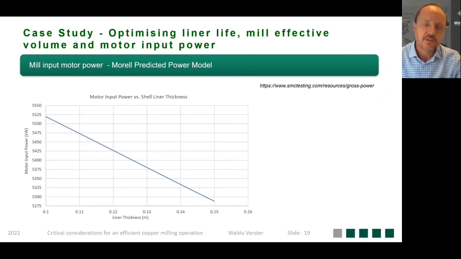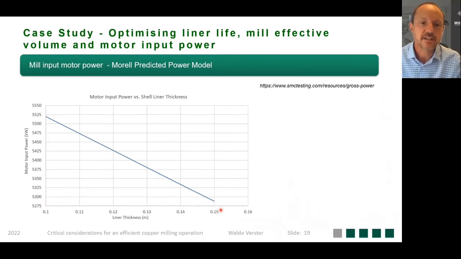So what did we do to optimize the mill effective volume as a function of liner life? Well, we started off by plotting the mill motor input power as a function of your liner thickness. We can see here a 150 millimeter thick liner will result in just below 5.3 megawatts of motor input power.